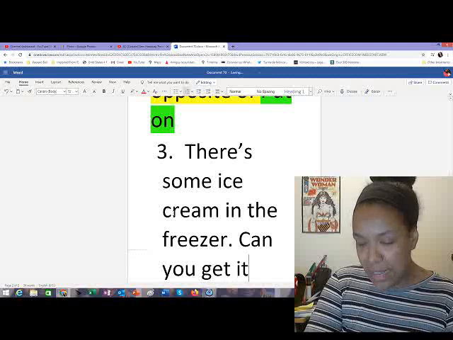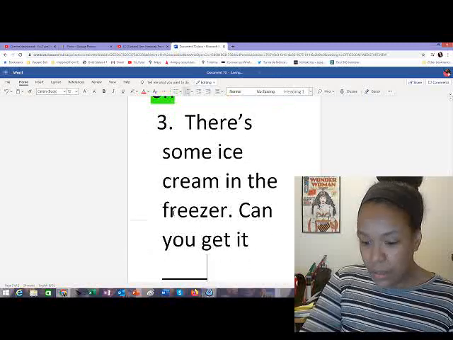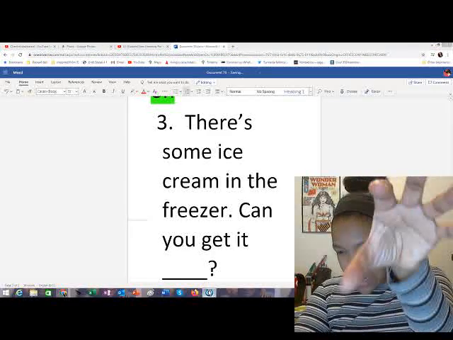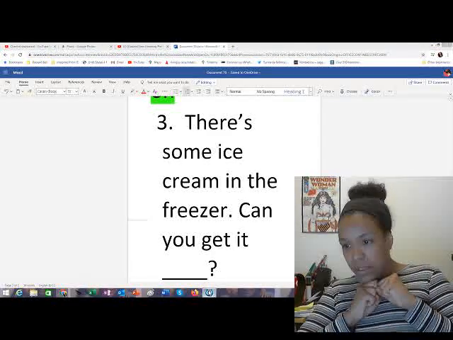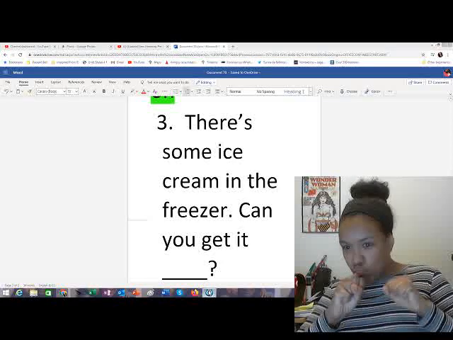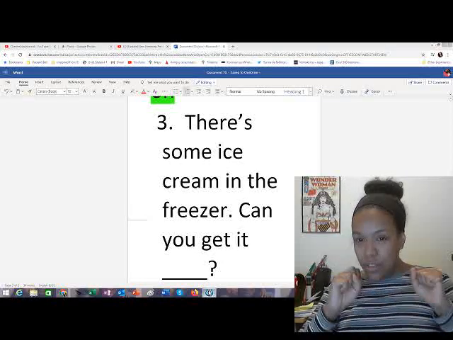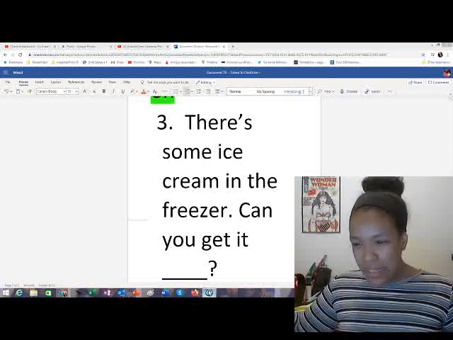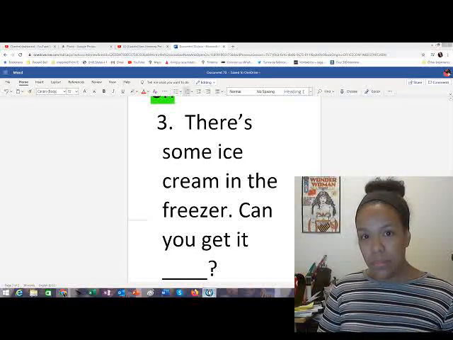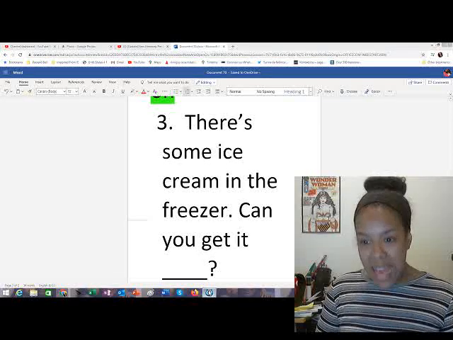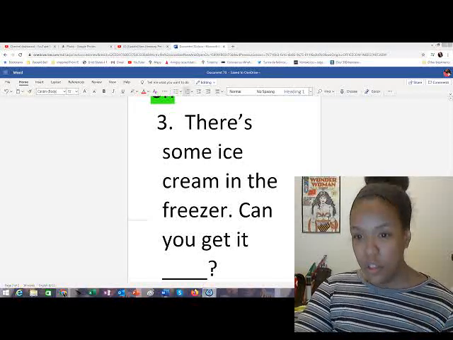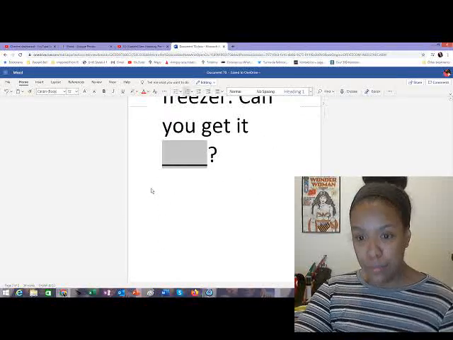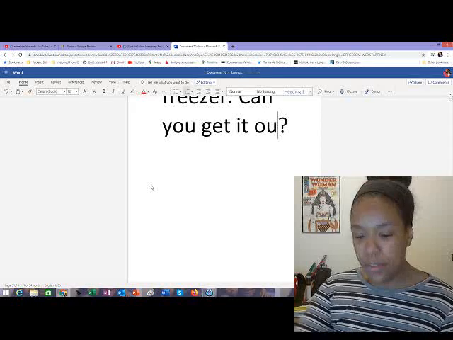Can you get it? So something is inside and you're going to remove it, to take it. So when you think about the word in, what is the complete opposite of that word? In, out. So there's some ice cream in the freezer. Can you get it out? Out of the freezer.